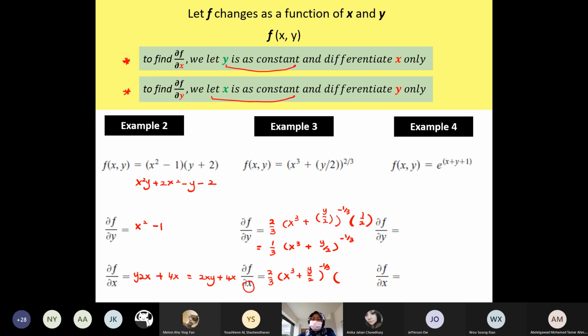This term didn't have x, so you leave it empty. This term you differentiate x to the power 3, it becomes 3x squared. So from here you can simplify, and it becomes 2x squared times (x cubed plus y over 2) to the power of negative 1 over 3.